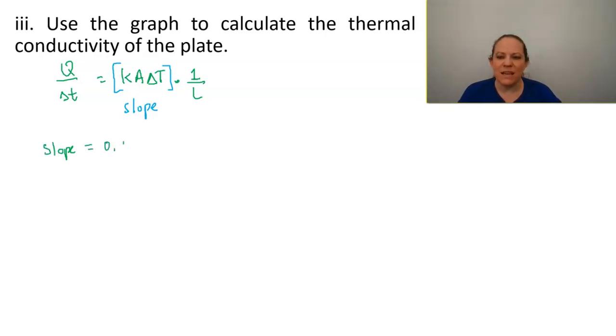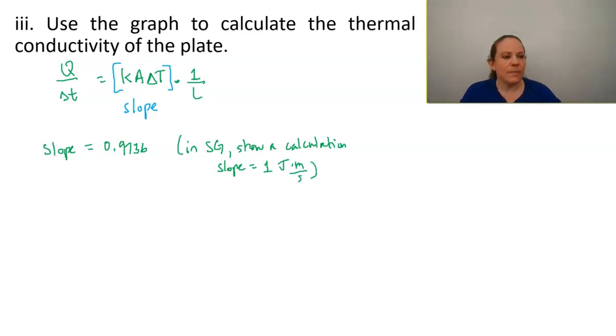It was 0.9736, but in the scoring guidelines, which I'm going to abbreviate SG, they show a calculation where the slope works out to be 1 joule times meters per second. And again, that came from the sample graph that was in the scoring guidelines.